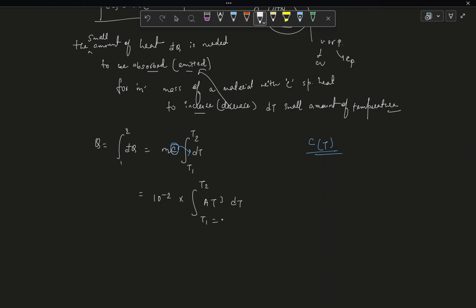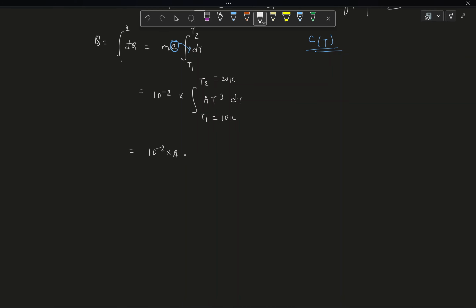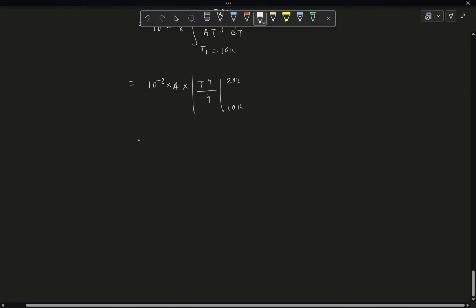Now you know the values of T1 and T2 from the question, that T1 is 10 Kelvin and T2 is 20 Kelvin. So now A is a constant, so it obviously comes outside the integral. So it is 10 to the power minus 2 into A into the integral over T cube, which will be T to the power 4 by 4, and this is going from 10 Kelvin to 20 Kelvin, right?